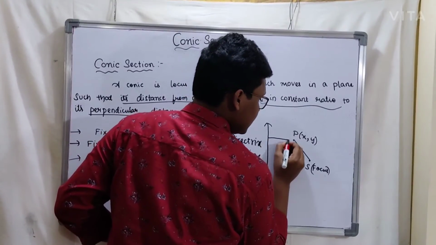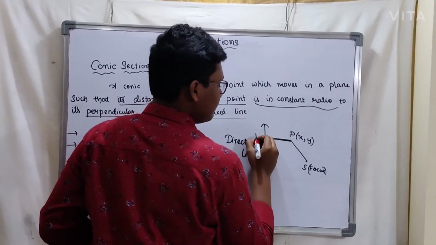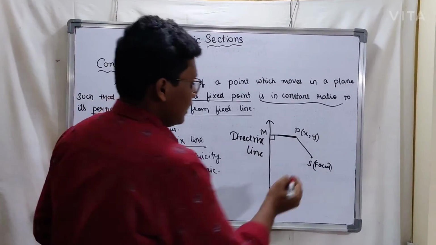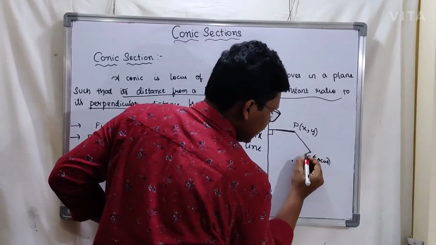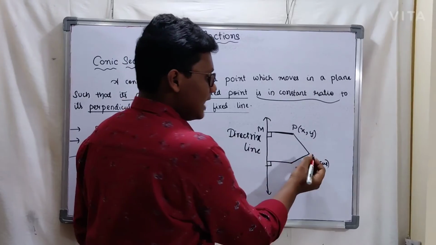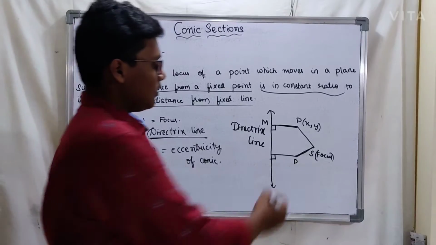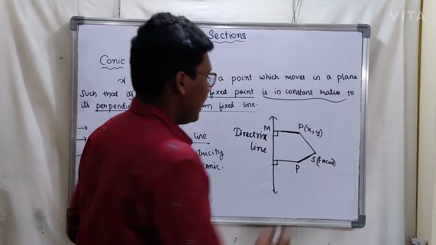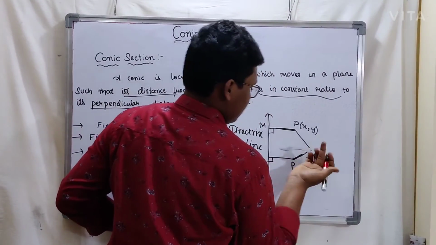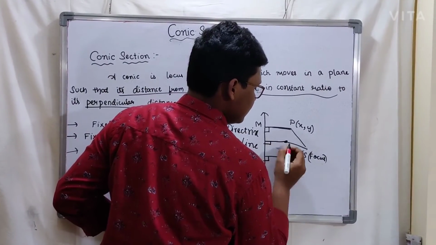This is the perpendicular distance, and we'll denote this with M. If we take the locus here, then this will be the perpendicular distance, and this will be the locus. And if we take the point here, then this will be perpendicular.